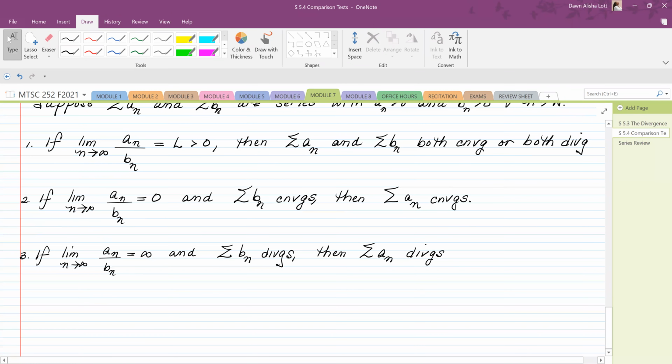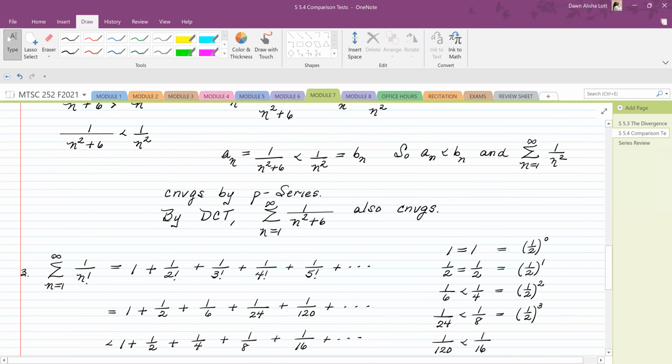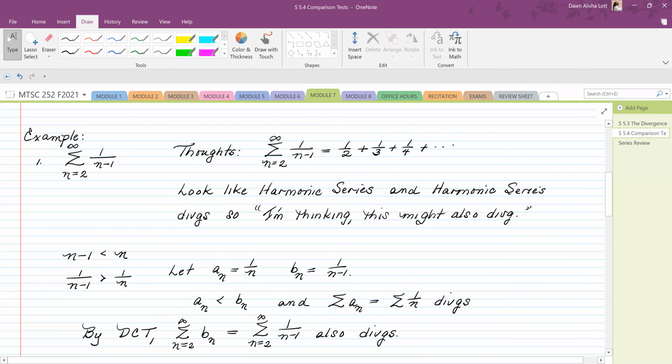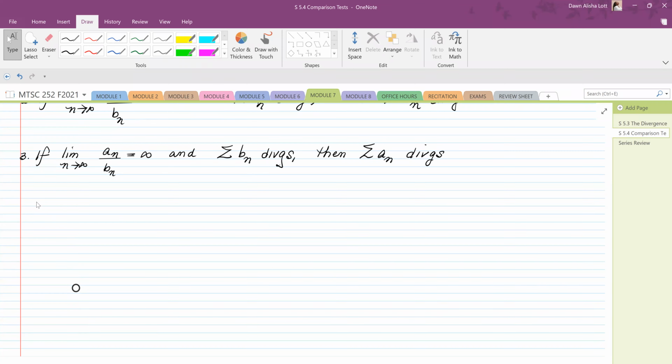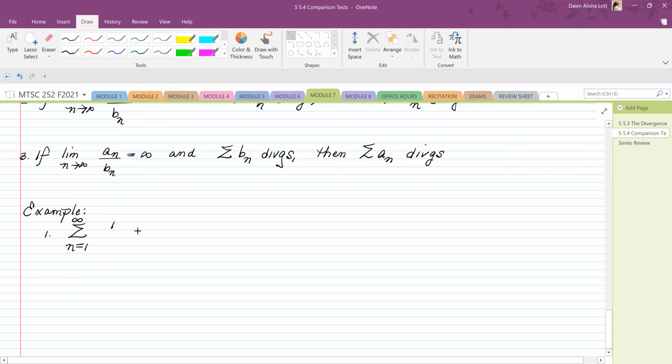So we looked at this one here, the summation of 1 over n minus 1. Okay, so now let's take a look at this one. The summation n equals 1 to infinity of 1 over 2n plus 1.